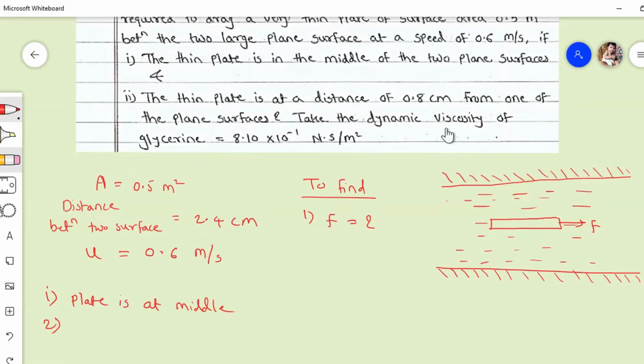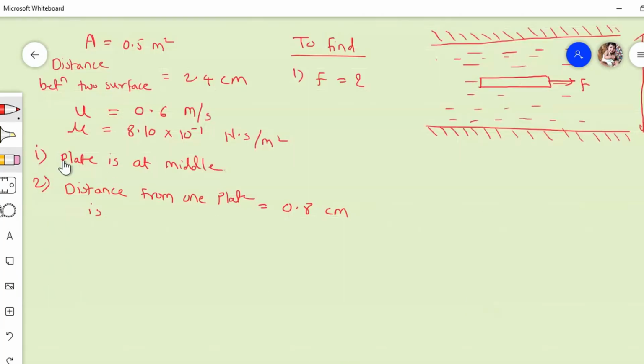Take the dynamic viscosity of the glycerin as given, Newton second per meter square. And in the second case, the distance from any one plate is 0.8 centimeter.